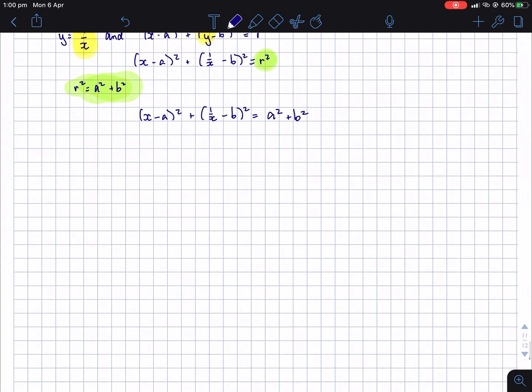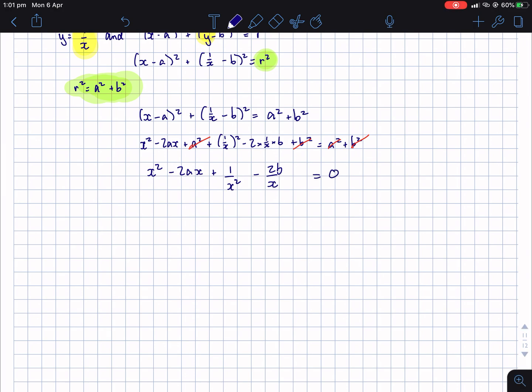I'm not sure what to do, so I'm going to expand. So I've got x squared take 2ax plus a squared plus 1 on x squared take 2 times 1 on x times b plus b squared equals a squared plus b squared. I've got an a squared and a b squared popping up on both sides. So I now can say x squared take 2ax plus 1 on x squared take 2b on x equals 0.